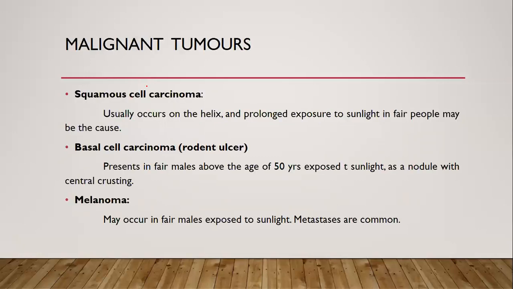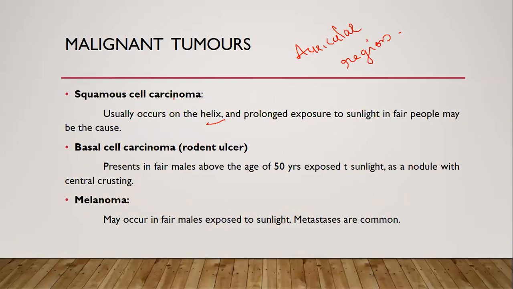Okay. Then next is malignant tumors of the auricular region. They occur in three forms: squamous cell carcinoma, basal cell carcinoma or rodent ulcer, and melanoma. Squamous cell carcinoma usually occurs on the helix, and prolonged exposure to sunlight in fair people may be the cause.